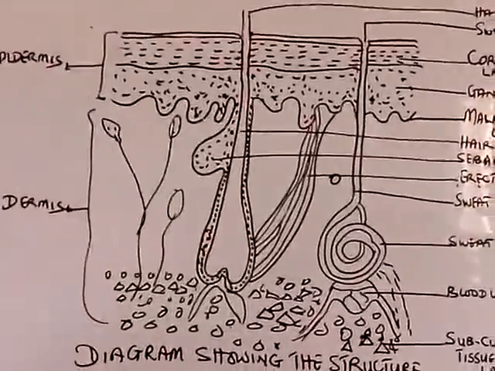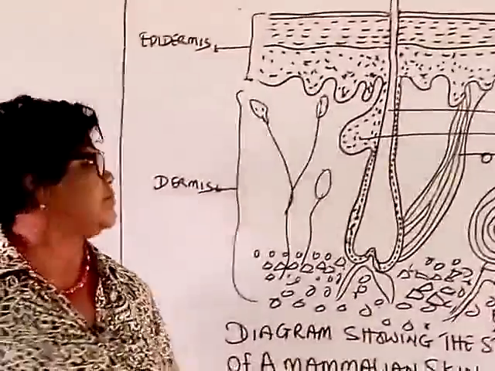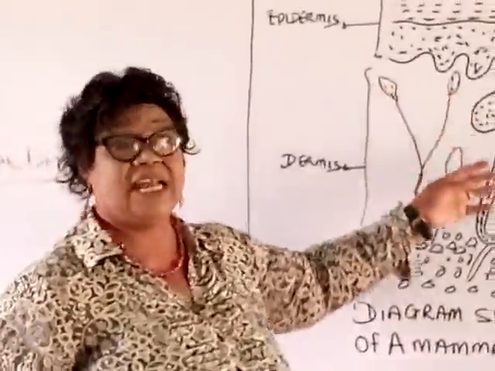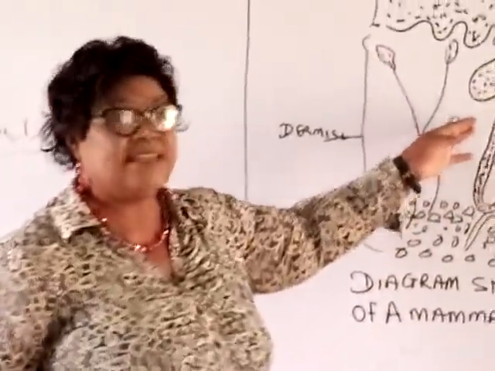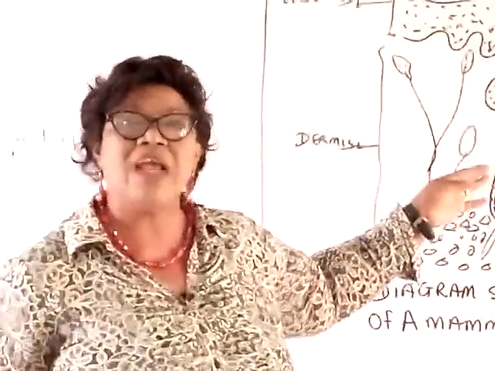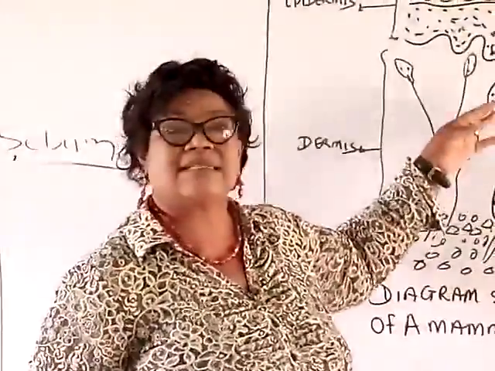The sebaceous gland, which is formed as a result of the infolding of the Malpighian layer into the skin, secretes an oily substance known as the sebum.